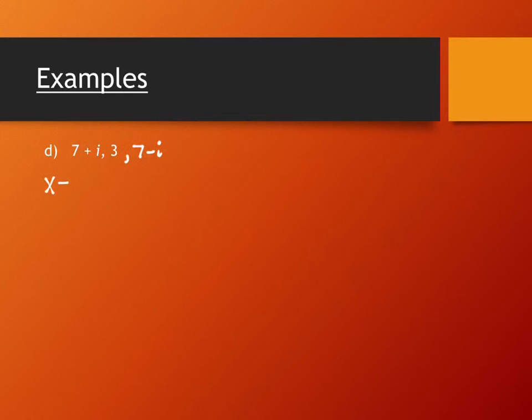So I have x equals 7 plus i. I'm going to put the other imaginary piece next to it. So x equals 7 minus i. And I have x equals 3. So on each of the first two, I have to move not only the imaginary unit, but the real unit as well. So I have to subtract a 7 and an i from both sides.